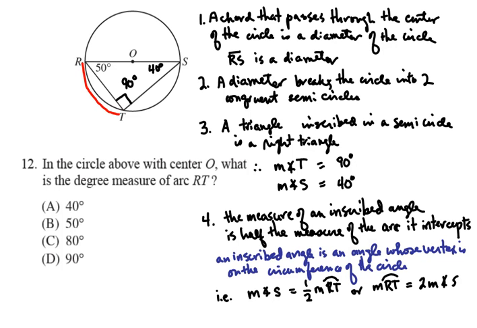Since we know that the measure of angle S is 40, then the measure of arc RT is going to be 2 times 40, which is 80, and so the answer is C.